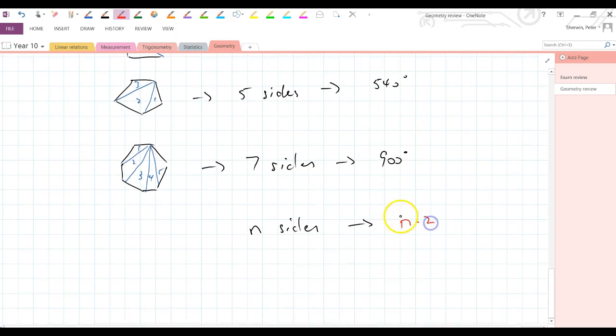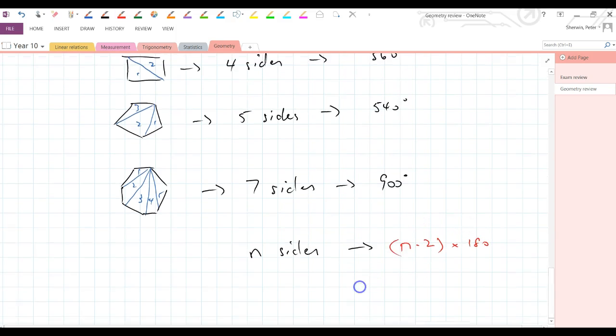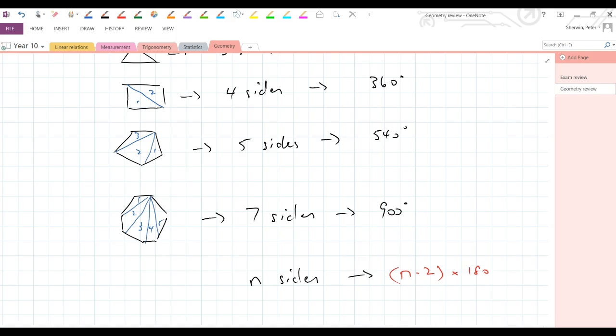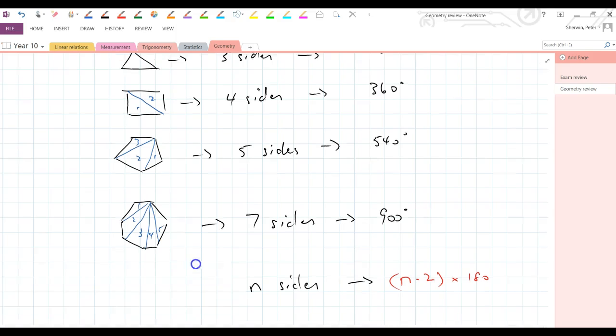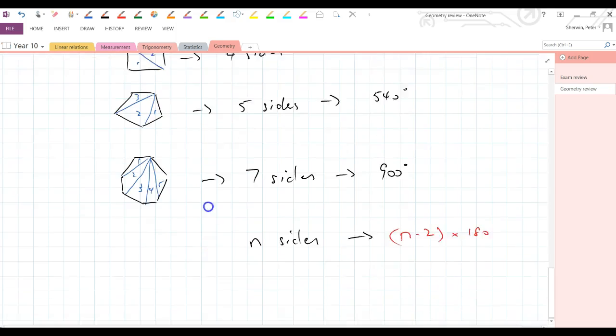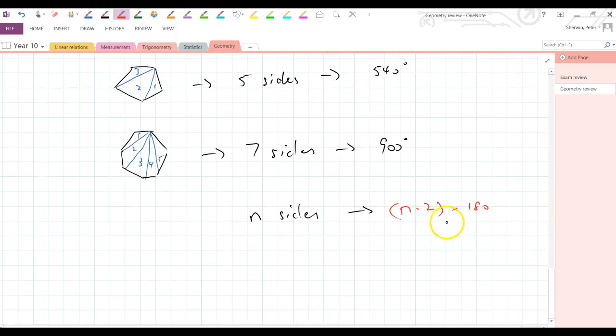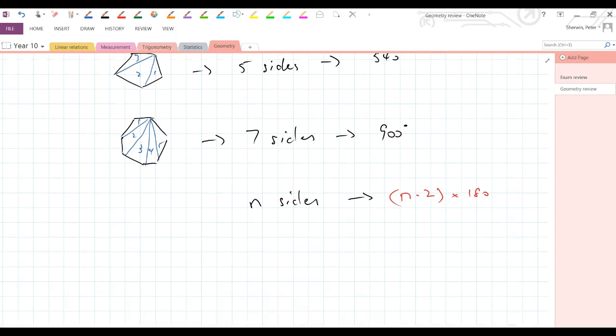N minus 2 times 180, because we've always got 2 less. If it's 5-sided, I've got 3 triangles. 7-sided, I've got 5 triangles. If it's 4-sided, I've got 2 triangles. So I take 2 off my number of sides and multiply by 180. That's my angle sum of an n-sided polygon.